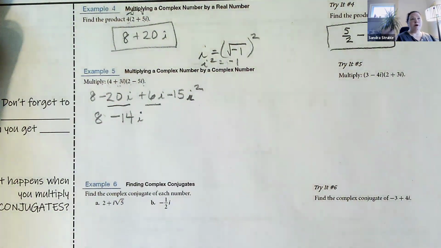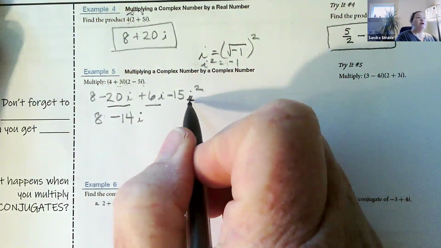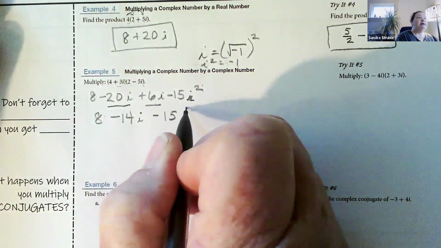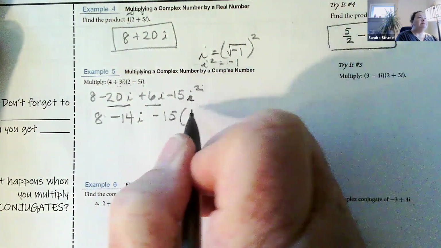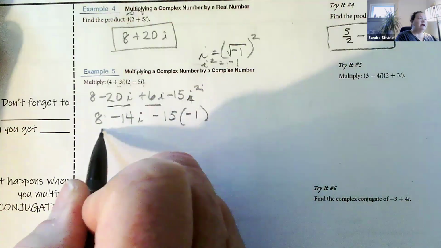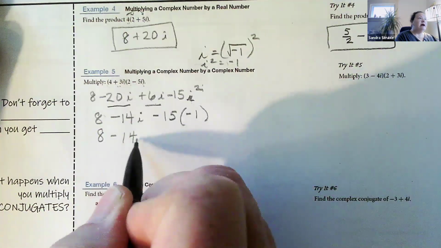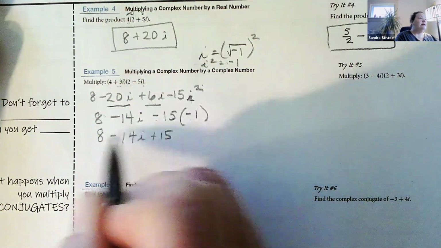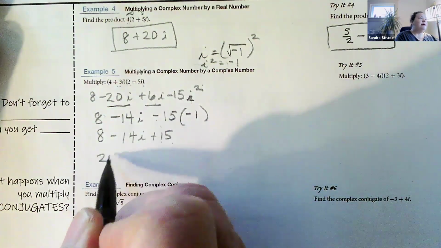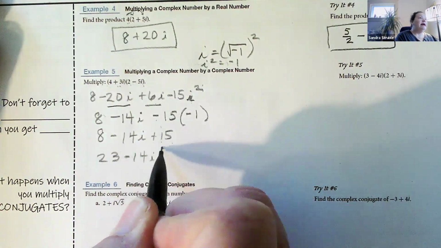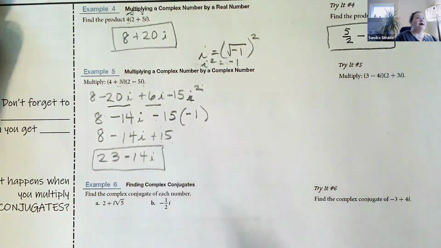The square root and the square cancel each other out, and you're left with just negative 1. So where this i squared is, I'm going to bring down my negative 15, but that i squared becomes negative 1. So now I've got 8 minus 14i, negative times a negative is plus 15, 8, 9, 10, 11, 12, 13. So 23 minus 14i, again in a plus bi format.